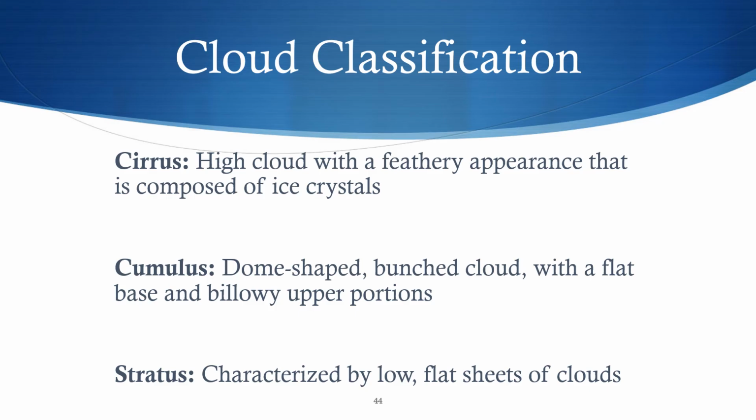They have a very flat base. They are all the same base level when you look at them. And they have a billowy appearance. And then our stratus clouds, stratiform clouds. Stratus comes from the word to cover. These are kind of blankety, flat sheets of clouds.